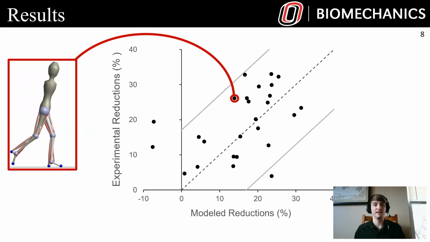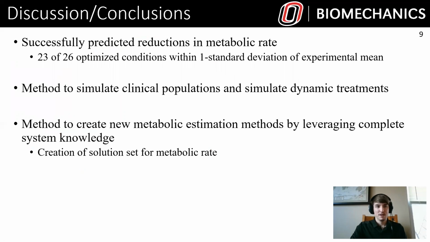This is really exciting to us. Without any other information, we apply this dynamic walking environment, and we're able to get reasonably close estimations of metabolic rate in this dynamic framework.